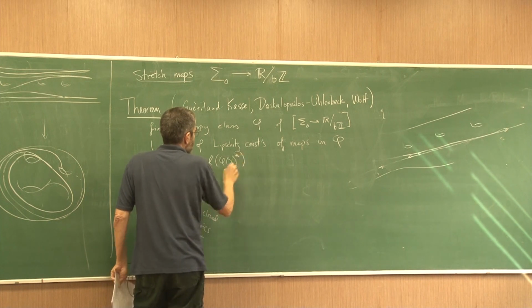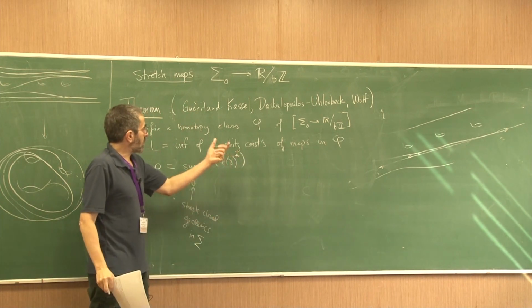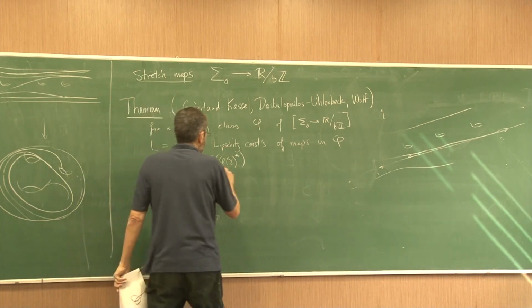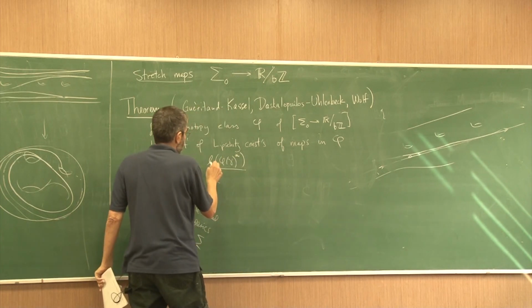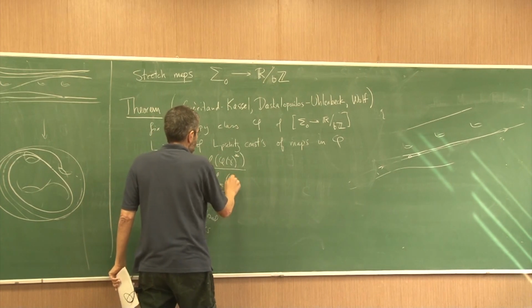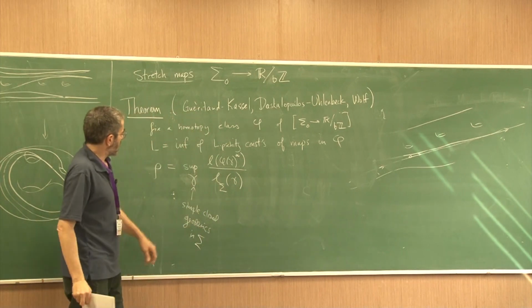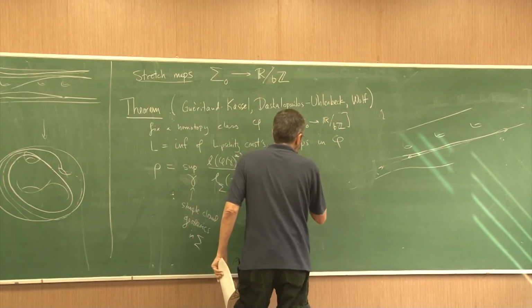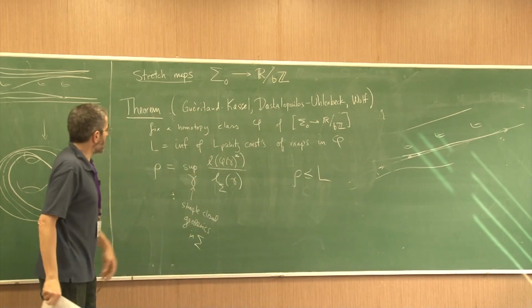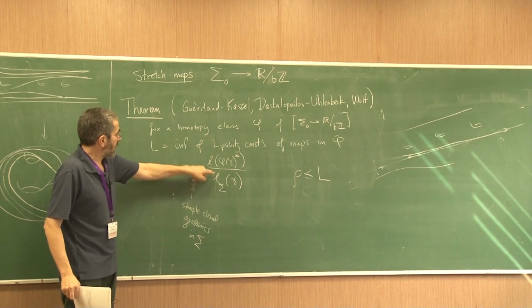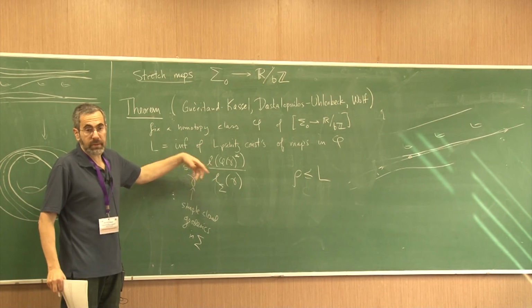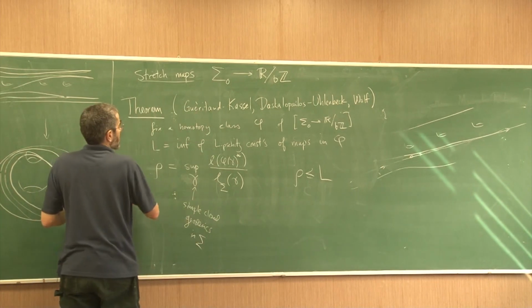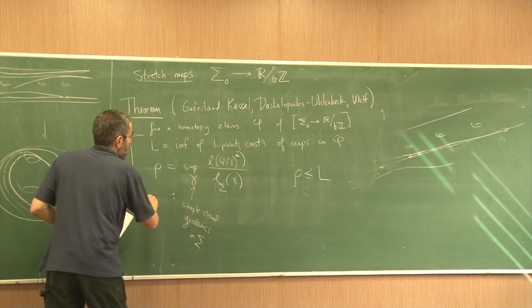So you map it to the circle, and you figure out how long it is. What's the shortest representative in the circle? And then you divide it by the length. So this is in the circle, and then the length in the surface of gamma is the denominator. So it's clear that rho is less than or equal to L. If you have a Lipschitz map, it will give a ratio of lengths at most equal to the Lipschitz constant. Sorry, this is not the theorem. These are definitions leading to the theorem.